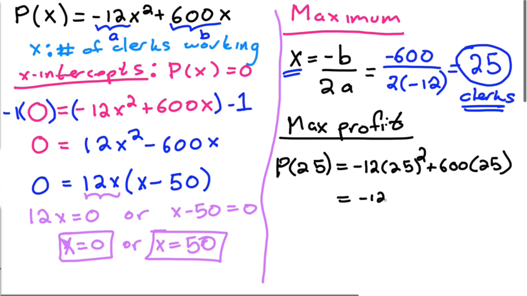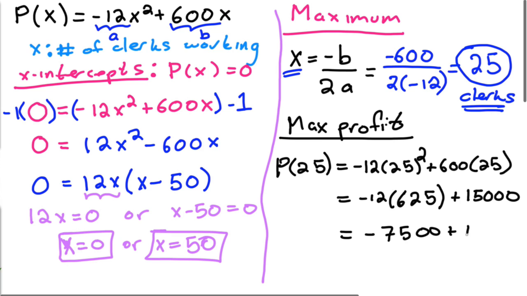Negative 12 times 25 squared is 625 plus 600 times 25 is 15,000. Following my order of operations, negative 12 times 625 is negative 7,500, plus 15,000, and that's 7,500.